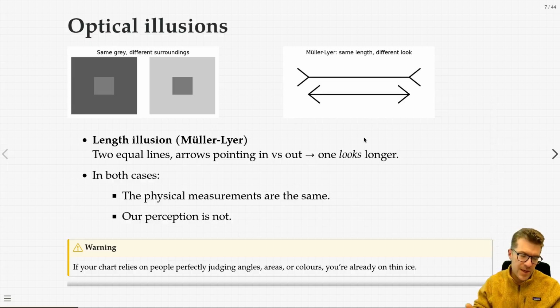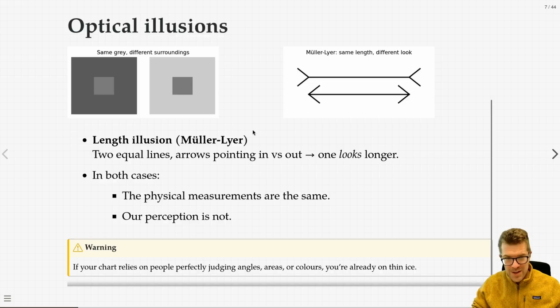There's a saying that we see things not the way they are, but the way that we are. So we see things based on our own mental filters, and that can lead to all kinds of problems. Sometimes they're cute, little fun, childish games like this, but as we'll see, sometimes it has much more serious consequences. So one of many warnings: if your chart relies on people being perfect judges of things like angles, areas, colors, especially if you have context, then you're going to have a bad time.